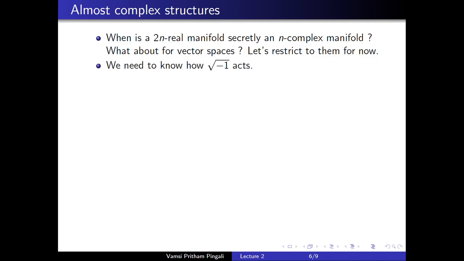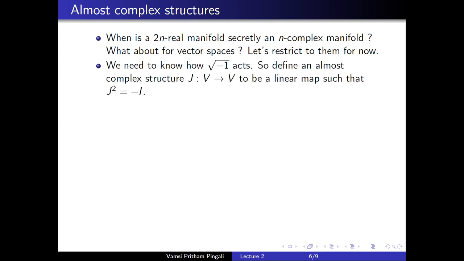Basically, what tells you if something is a complex vector space? We need to know how square root of -1 acts, right? What is the definition of a complex vector space? The complex field is used for scalar multiplication. So if we just know how square root of -1 can be used to multiply vectors, then we know how to multiply any complex number with a vector.